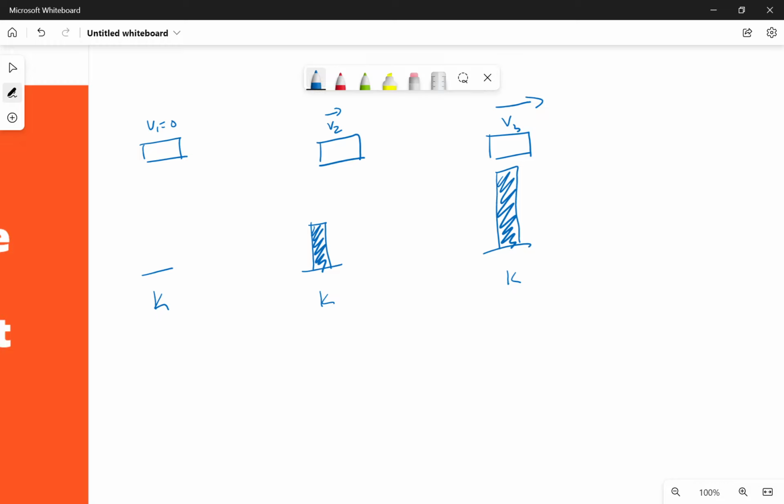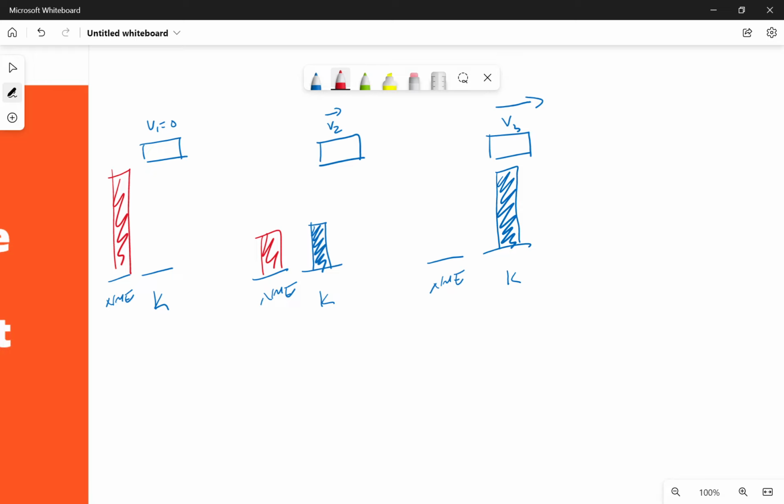Now, we can represent this in an energy bar chart using non-mechanical energy. I could say that here I've got non-mechanical energy, and here, and here, and that my non-mechanical energy is transitioning to mechanical, so I could draw the bar charts like that to show the transition.